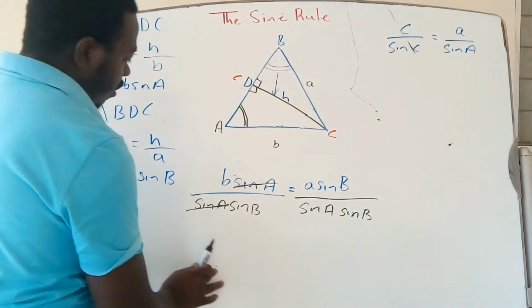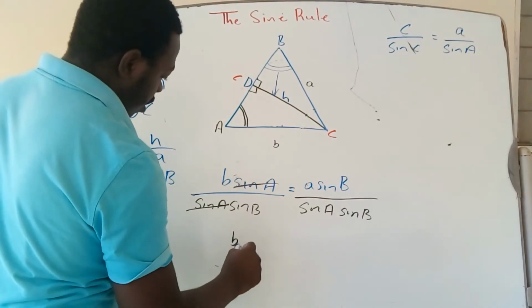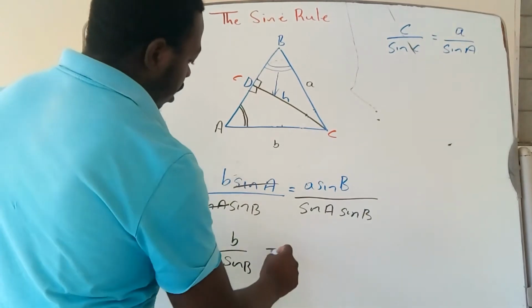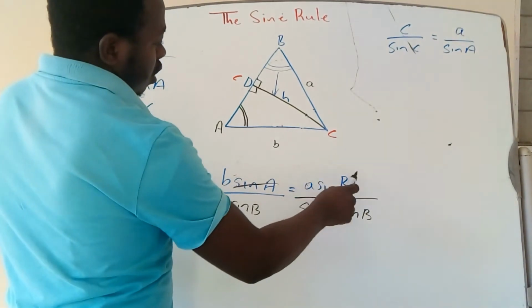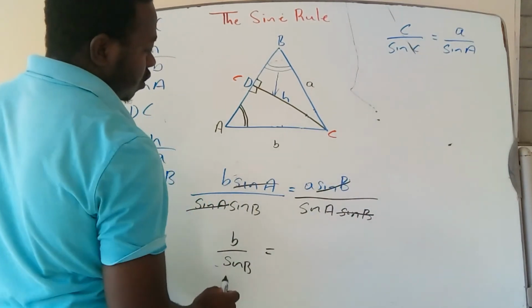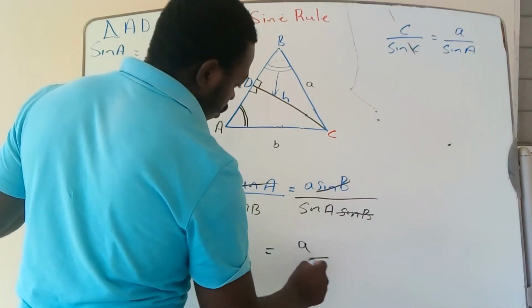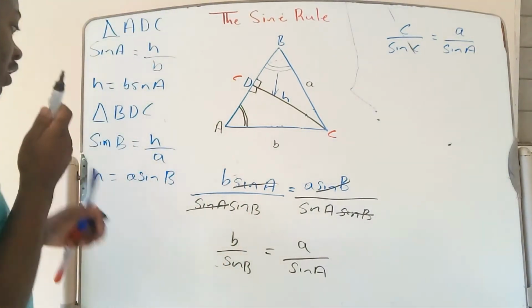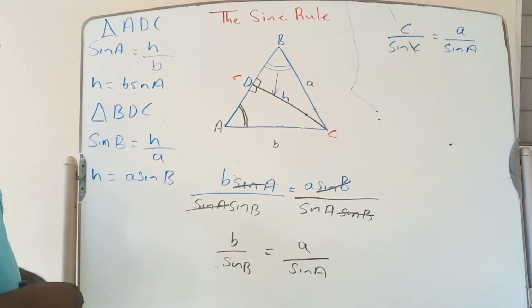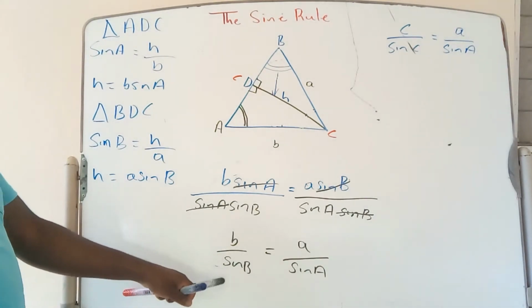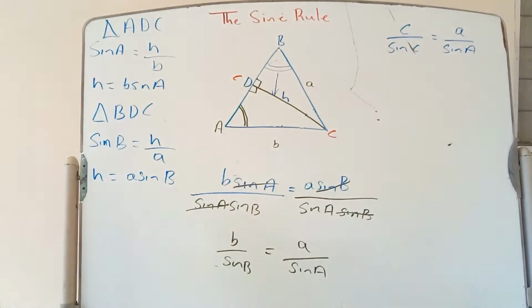So all I'm left with here is just b over sine of b, equals to, I have a sine b here, so this sine b takes out this sine b. So I'm left with a over sine of a. But this is just a sine rule, really. So this is now saying that b over sine b is equal to a over sine a.